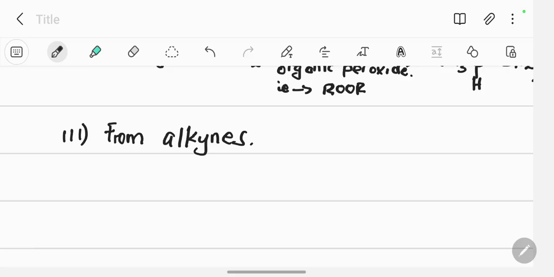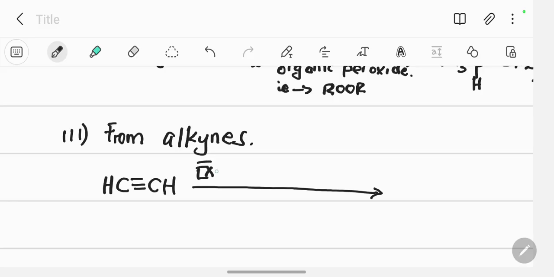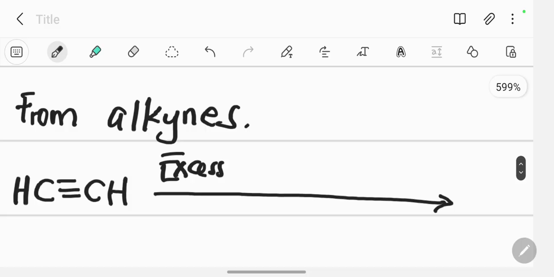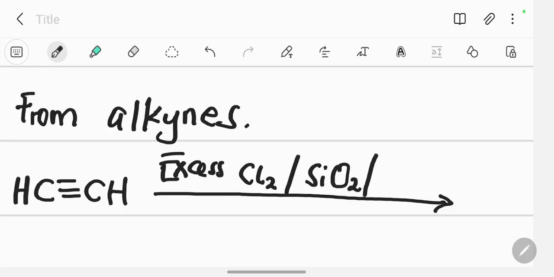And how do we prepare this from alkynes? An example is going to be HCCH, and when I put in excess chlorine molecules and silicon 4 oxide and our iron, silicon 4 oxide is acting as a catalyst.